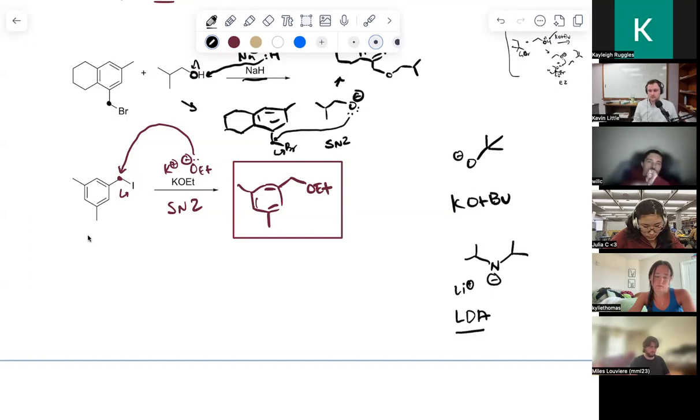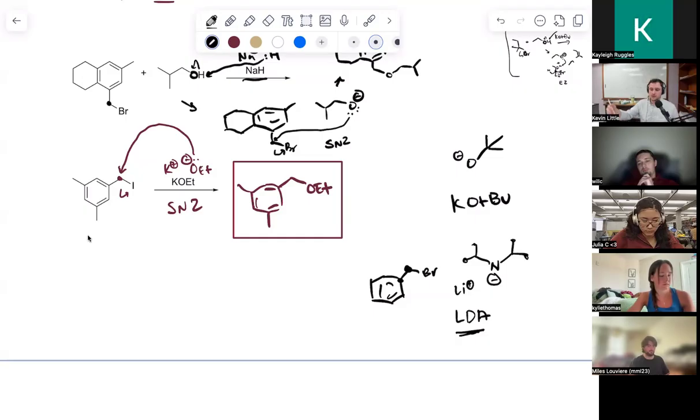That's what LDA stands for. But you can see that this thing being so bulky means it's very unlikely to be a nucleophile. If I put LDA or potassium tert-butoxide with this electrophile, nothing would happen. They wouldn't react with each other. They would be too bulky to do a substitution, and you don't have a proton to do an elimination.